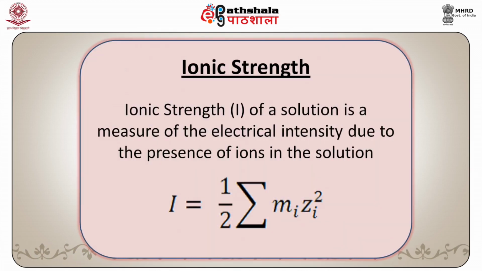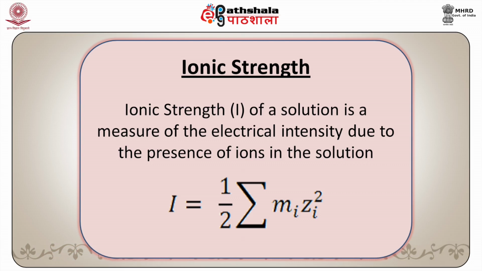Ionic strength, abbreviated as capital I, of a solution is a measure of the electrical intensity due to the presence of ions in the solution. It is given as half of the sum of all the terms obtained by multiplying the molality of each ion by the square of its valency.